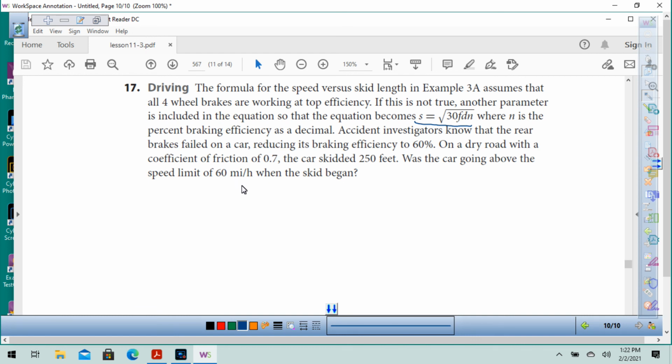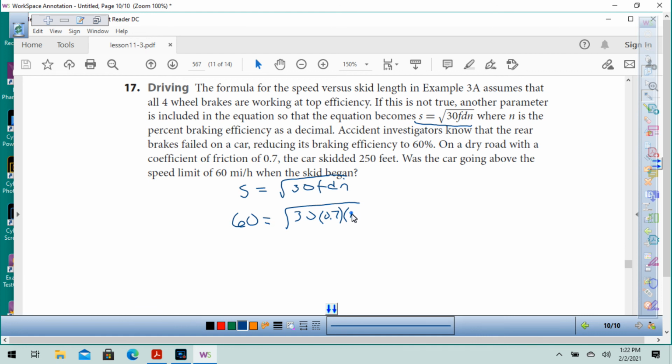So let's see here. S equals the square root of 30FDN. All right, so we're going to have 60 equals the square root of 30 times 0.7, the coefficient of friction, times D, and that's the distance, and then N is braking efficiency.